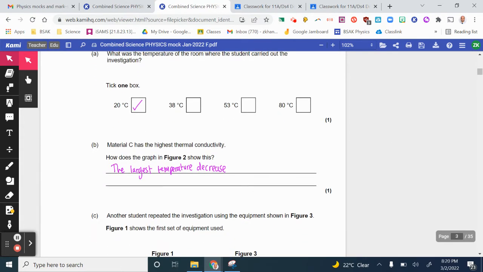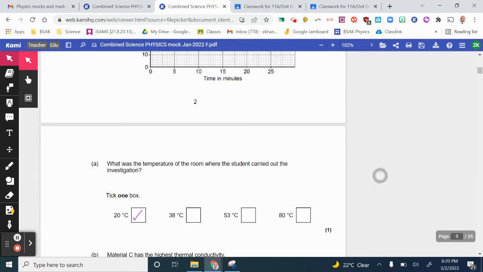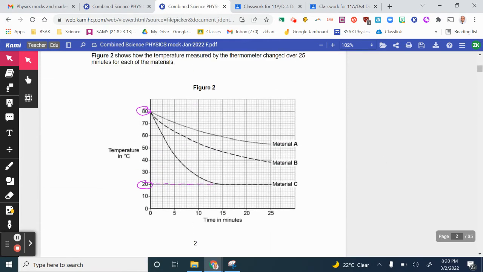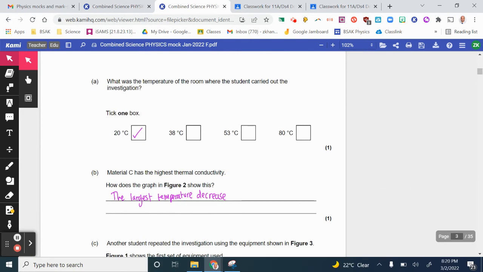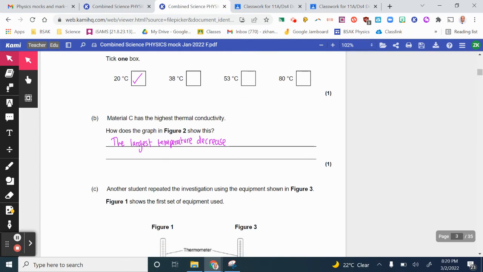So how does the graph in figure 2 show this? How do we see that material C lets the most heat out? Because we see that the temperature has changed from 80 degrees to 20 degrees. That is the biggest temperature drop out of all three materials. So you will say it had the largest temperature decrease.